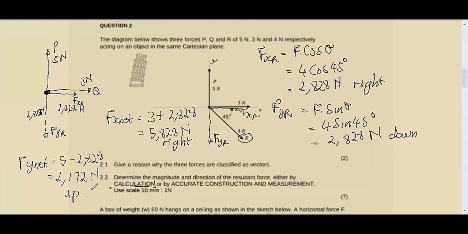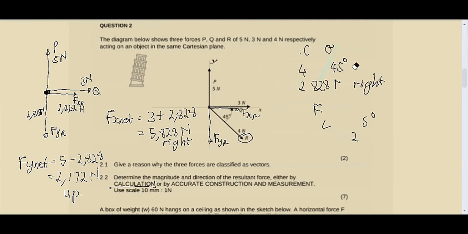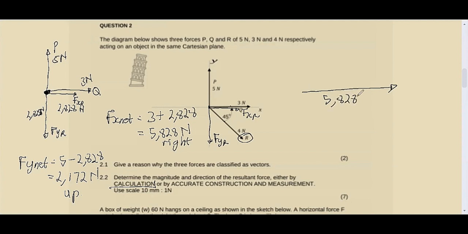Now, since we have this, we can now try to draw a closed vector diagram, a right angle triangle, representing this, right? So now we have a magnitude representing the horizontal forces, and we have a magnitude representing the vertical forces. So this is what we are going to do. It's to the right, so we need to indicate this is 5.828 newtons.